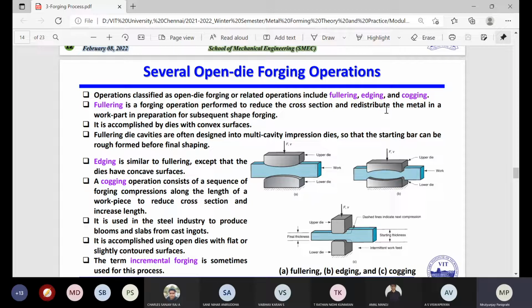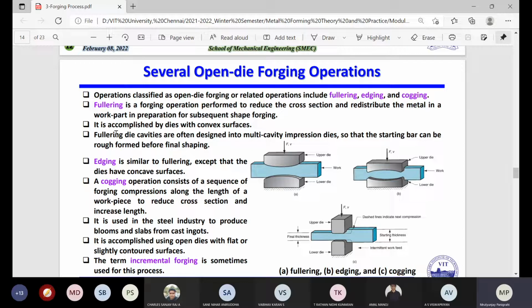So you have to redistribute the metal in the work part. Initially the height was more, so when you press it, you have to redistribute the work part in preparation for subsequent shape forging, because you have to prepare according to your customer demand. You cannot do it otherwise, because then you do not have anything.